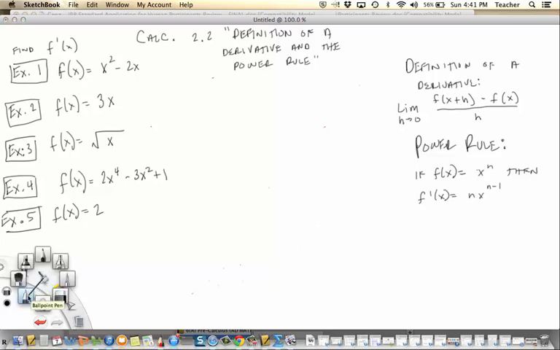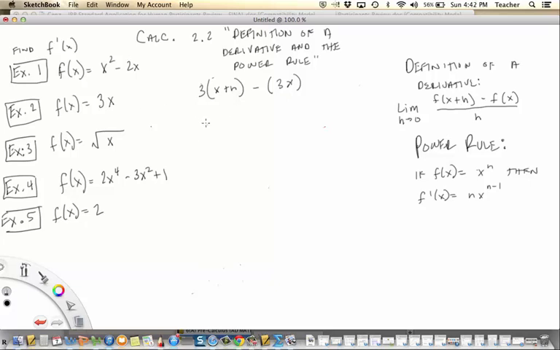All right, so next thing we're going to do is 3x. So let's say, for example, I have the limit of 3 times x plus h, minus 3x. Okay, now you're going to easily see what we're doing here. It's a linear equation, so the instantaneous rate of change is going to be the same at every single point, or the slope of the tangent line.